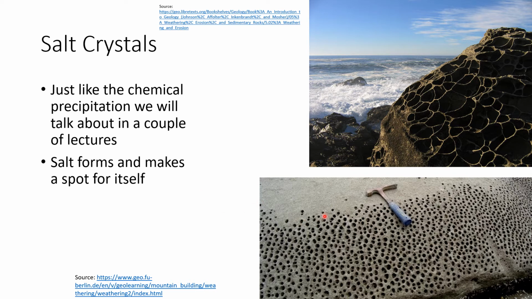It'll break it, and so it's typified by these little holes. You can see the rock hammer here for scale. You get all these little holes where salt over and over again formed in the little pores and started to break pieces out. This is a really neat one in California. You can start to see where it's getting deeper and deeper, and the salt spray is getting up here and crystallizing more, and just kind of reinforcing itself.